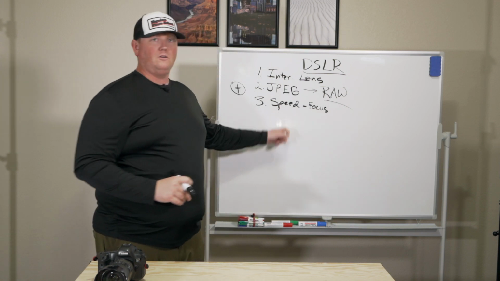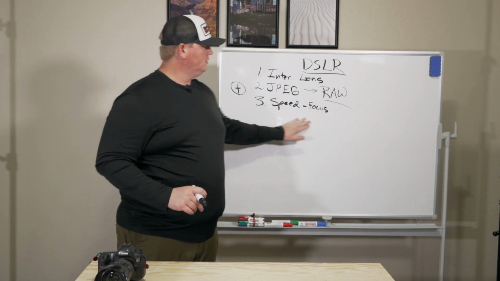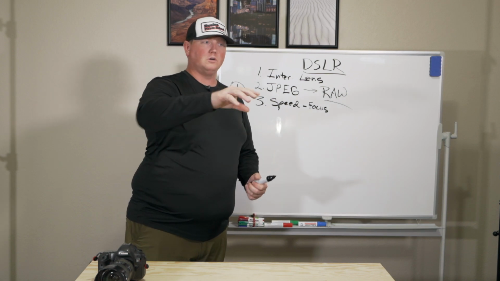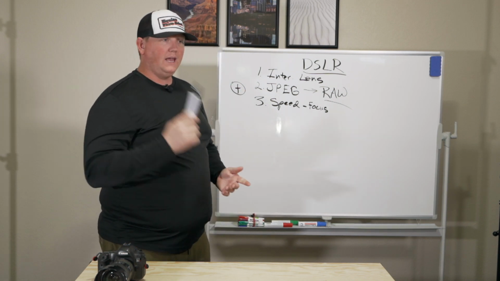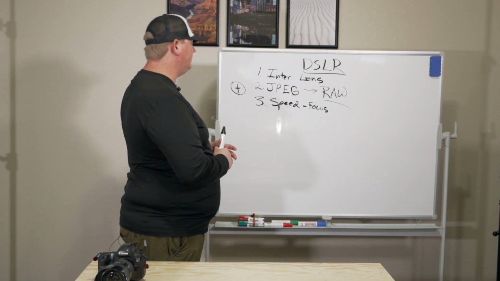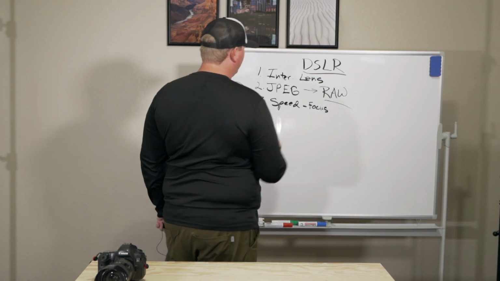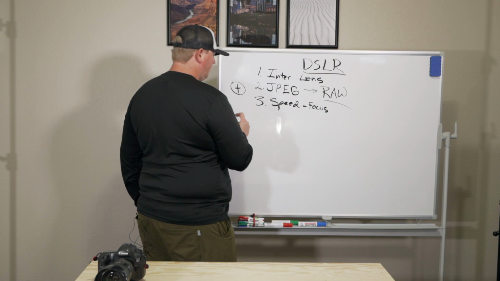They are wicked, wicked fast. They are just straight speed demons. When you focus on something, it is there. You can hardly even perceive that it focuses. It's so fast. It's really nice, and that is a huge plus.